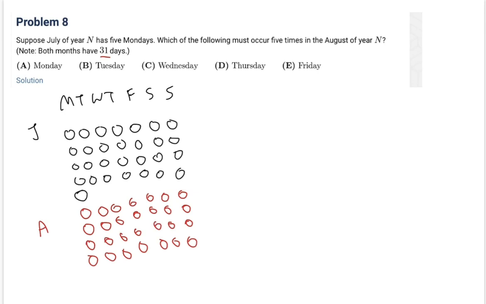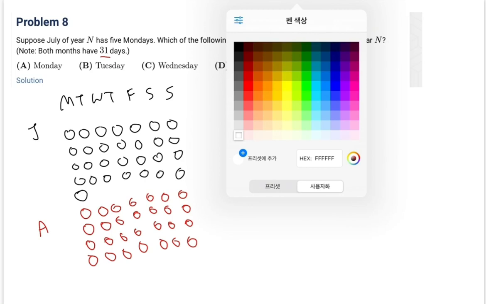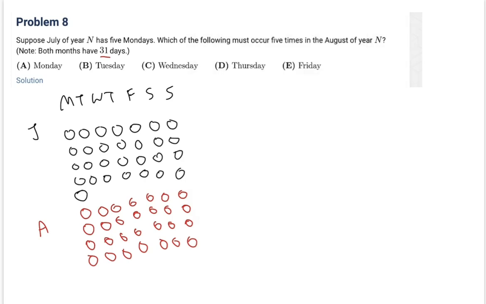And so which of the following must occur 5 times? So if July decides to have its 3 extra days here, then the 3 days of August would continue from here.